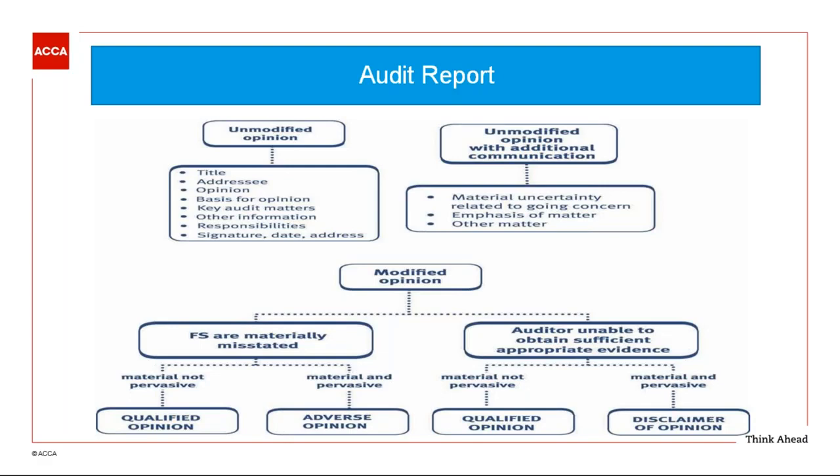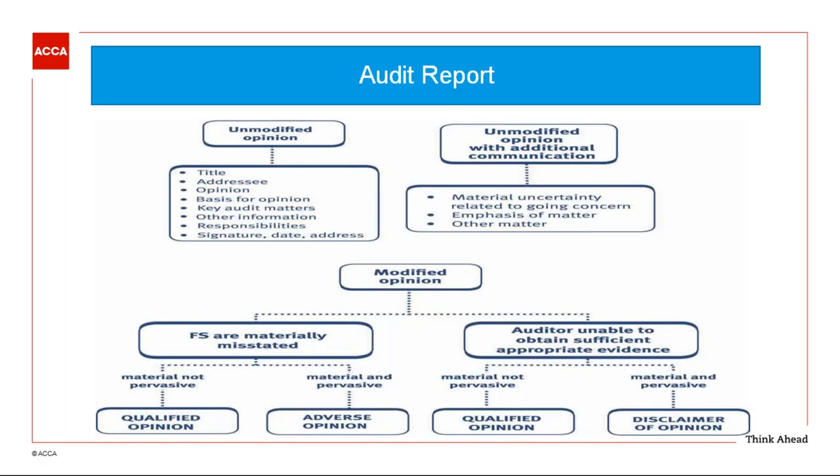So then we have some slides related to audit report, the modification of the audit report, and the different paragraphs that are included: emphasis of matter paragraph, other matter paragraph, material uncertainty paragraph, and other information paragraph.